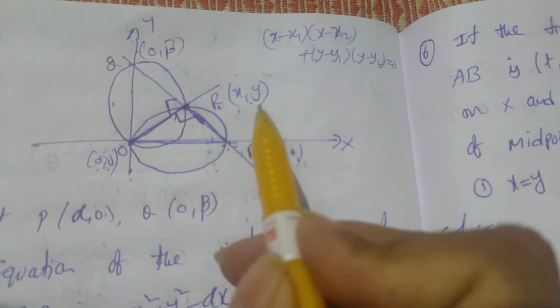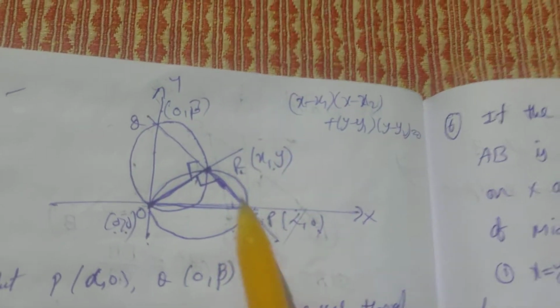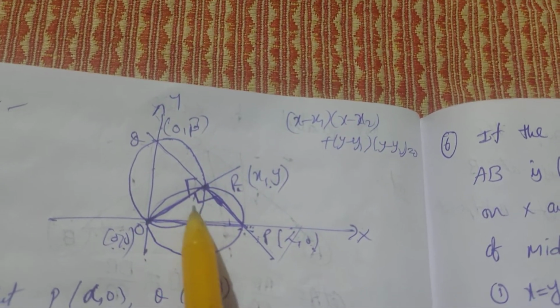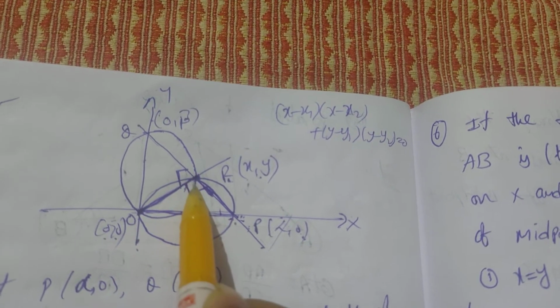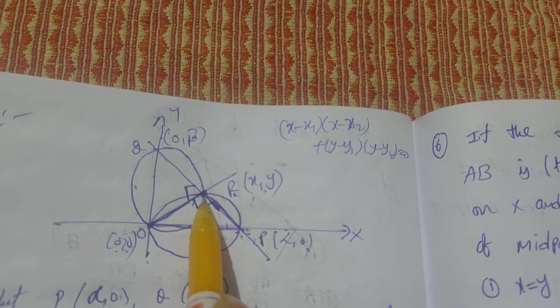Let R be the point (x, y). According to this R, if you observe the diagram, here OPR is a right angle triangle. Am I correct or not?